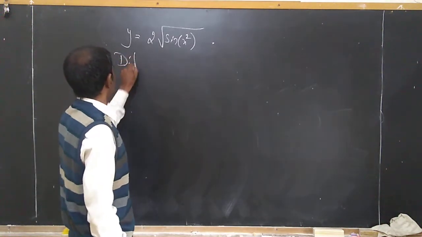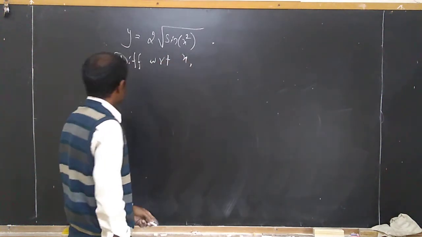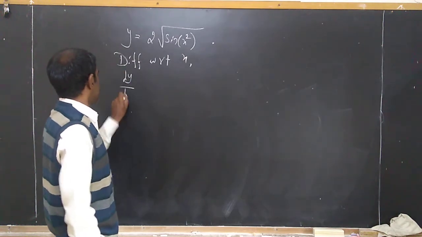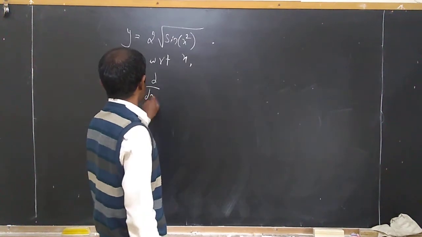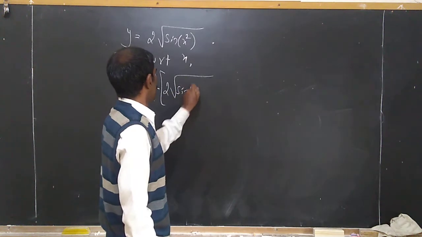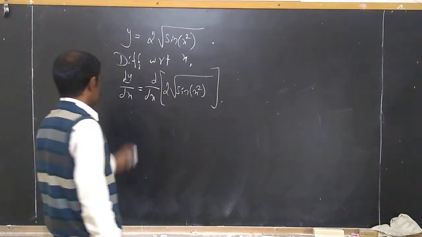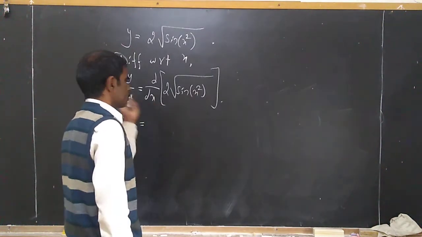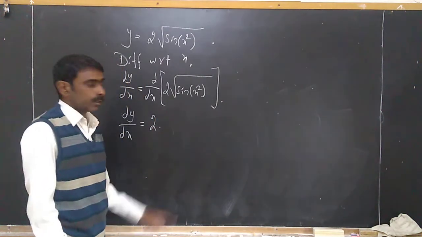Here, differentiating with respect to x, what do you get? dy by dx will be equal to d by dx of 2 into root of sine of x square. 2 is a constant as you already know. So it will be 2 into the derivative.